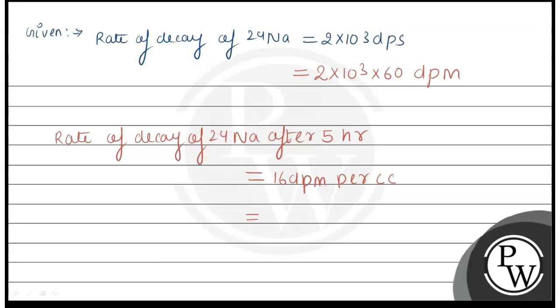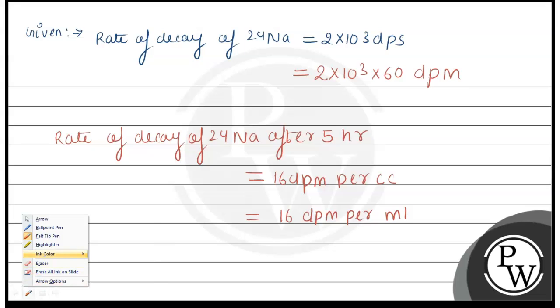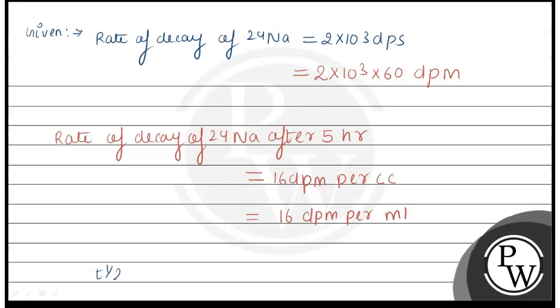We can also write it as 16 dpm per ml, because cc and ml are equal. Also we are given that the T half for 24Na is 15 hours. So let's solve it further. We get the volume of blood of the patient as V ml.